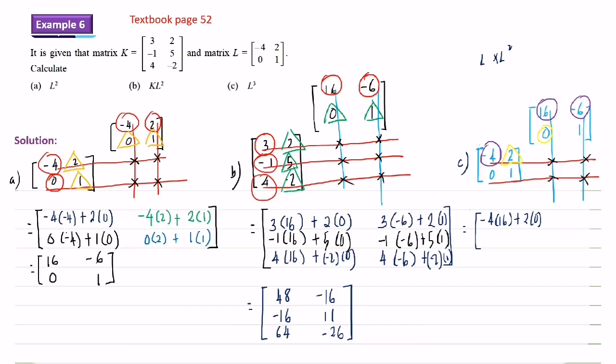Now the first row, second column: negative 4 times negative 6 plus 2 times 1.